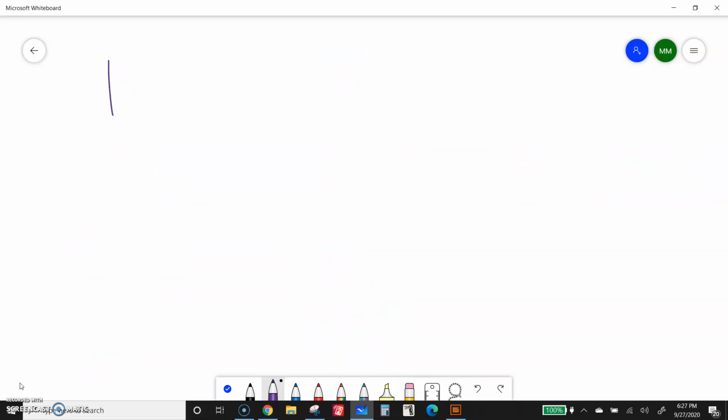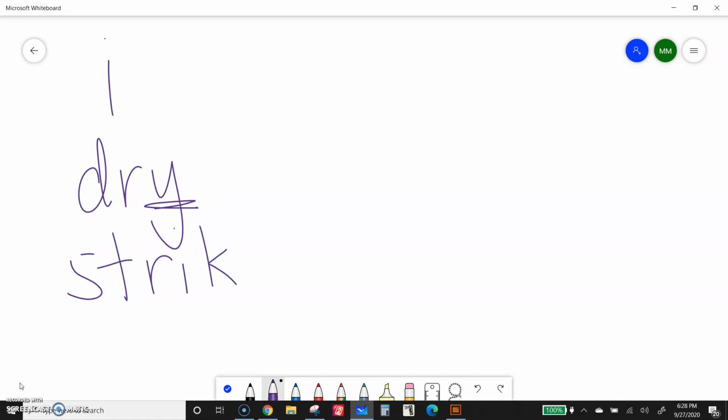The long I, again, I is saying its name. So words like dry. So this is where it's a Y, but it's acting as a vowel. It's saying a long I sound. Another word is strike. Dry, strike, ice, light.